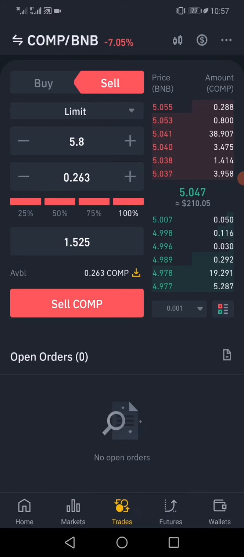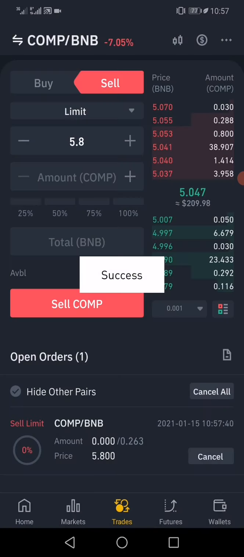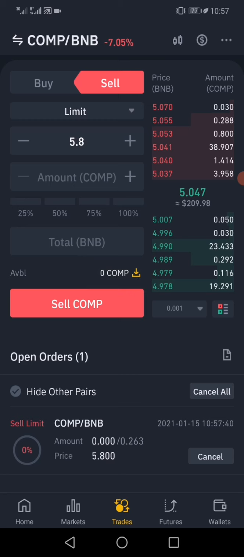And once I press sell, the order will show here on the open orders. You can see it. It's now showing that I want to sell my comp. The total amount is 0.263 at 5.8 BNB, and what is on the left is telling me the type of the order. It's a sell limit order and it has not even been filled yet. So let me cancel this again.